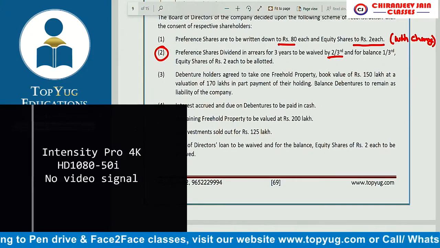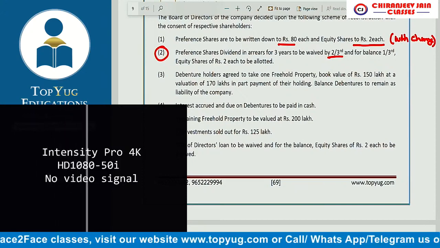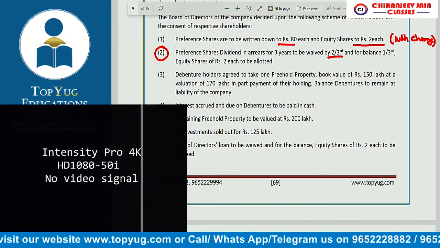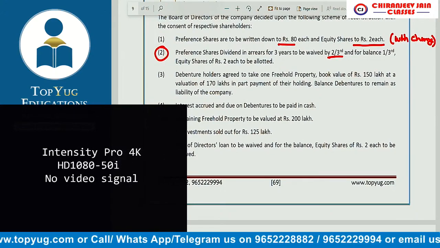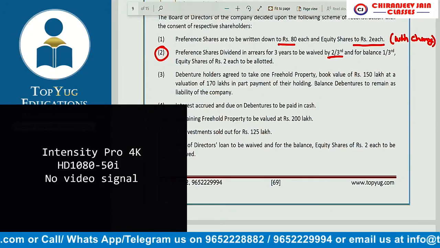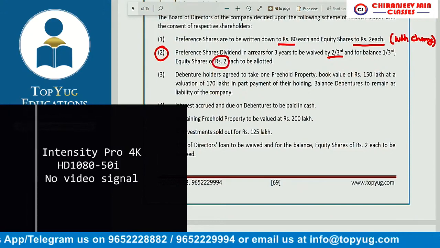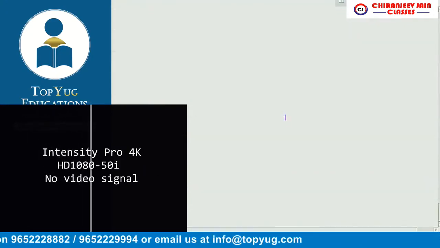I have already said that arrear in preference share dividend is a contingent liability. For cancellation of contingent liability, no journal entry. So for 2/3 waiver, no journal entry. Only need to pass journal entry for 1/3, for which you allotted equity shares of rupees 2 each. Already I said once it is reduced to rupees 2 each, now further equity shares of rupees 2 each only. Correct? Yes sir.